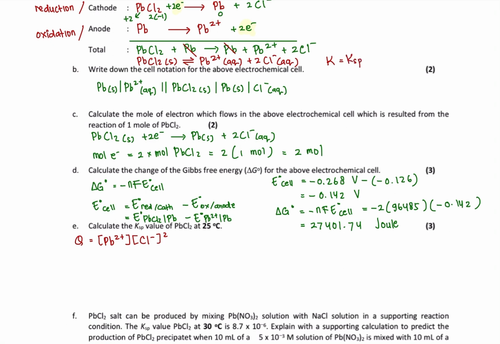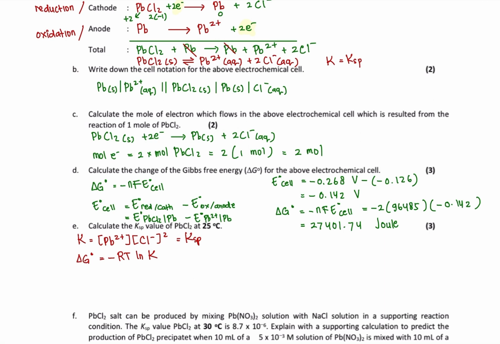So if we want to calculate the K, we are going to calculate from this formula. We have the delta G standard equals minus RT ln K. And if it is at equilibrium, then we can change this into the K itself. So this one here is the KSP.